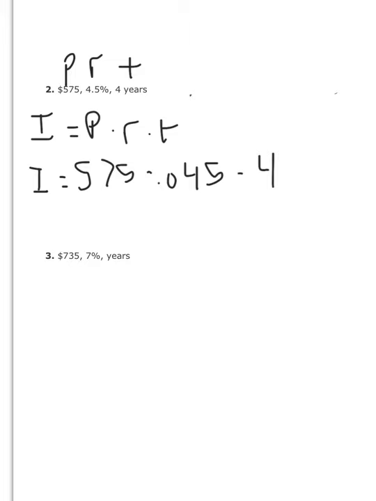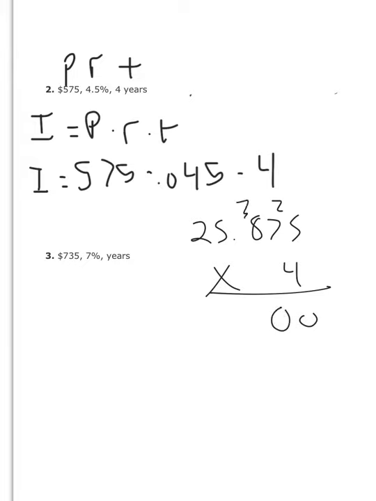Let me go ahead and do that. 25.8... We had 5 times 4 is 20, 7 times 4 is 28, add the 2, that's 30, 8 times 4 is 32, add the 3, that's 35, 5 times 4 is 20, add the 3, that's 23, and 2 times 4 is 8, and add the 2 to that, and that's 10.